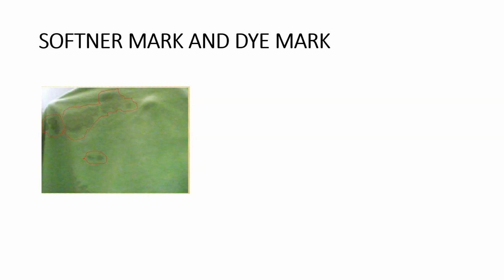Then softener mark or dye mark, these are also very common, and some figures are shown here. Softener mark and dye mark in the fabric can easily be classified. Crease mark is also very common in the fabric, and if there is a crease mark, that is considered a defect again.